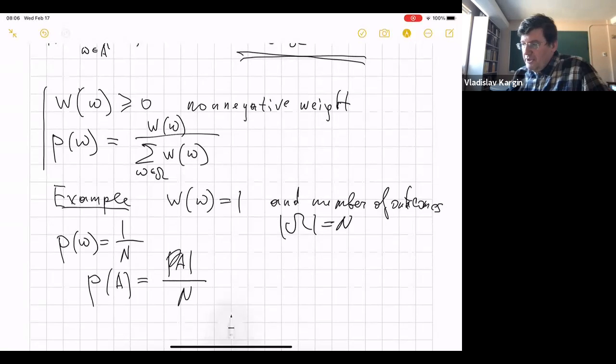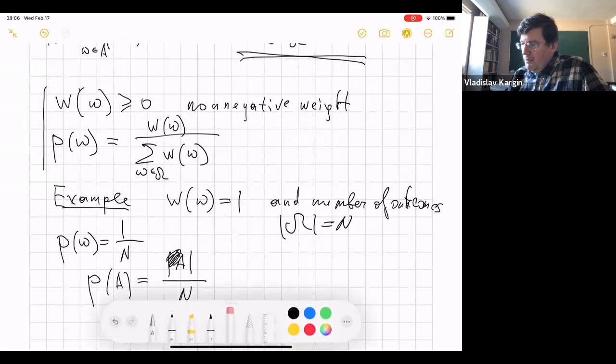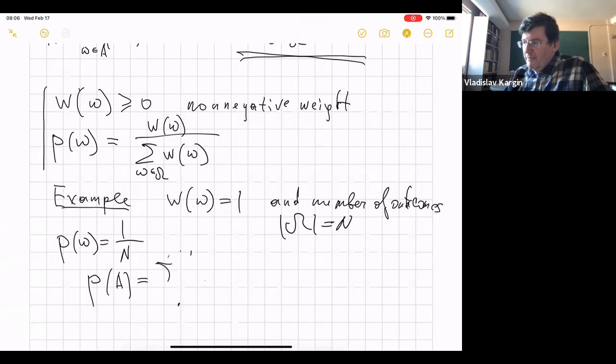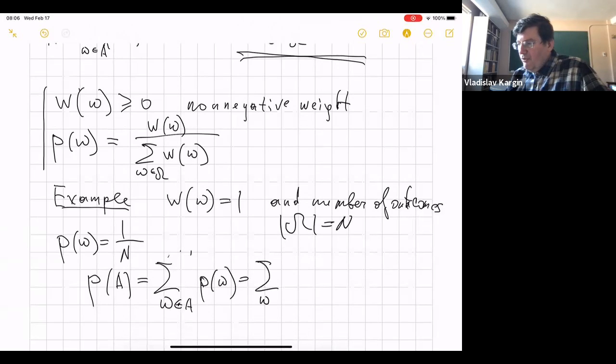I'm skipping a step here, which I don't want to do. The step is that the sum over omega belonging to A of P of omega is equal to the sum over omega belonging to A of 1 divided by n.